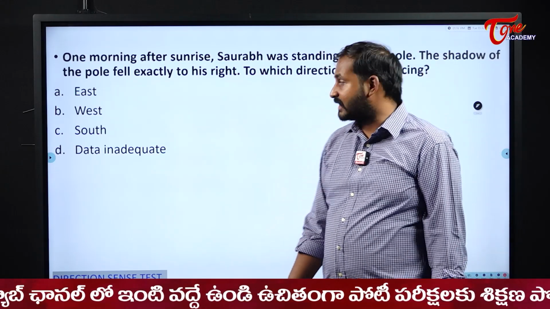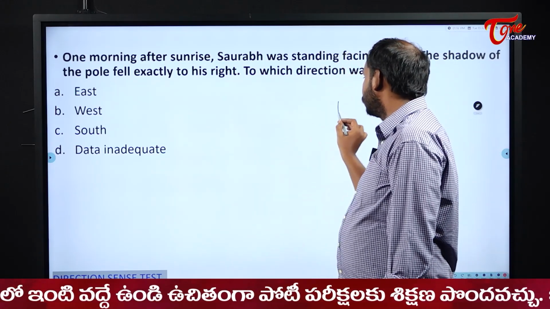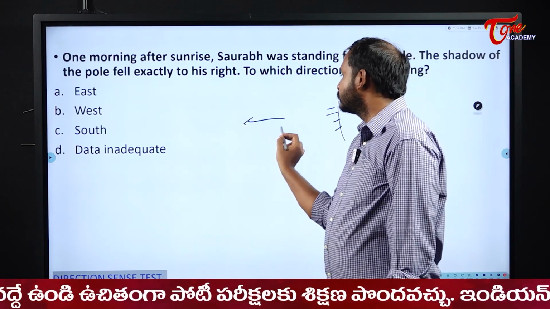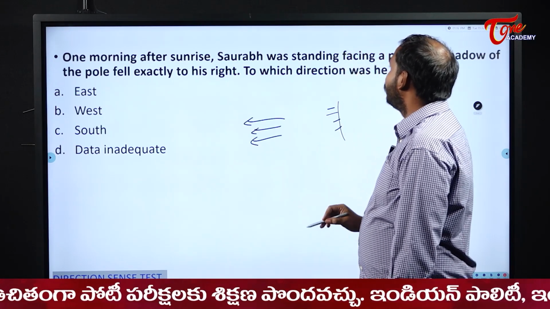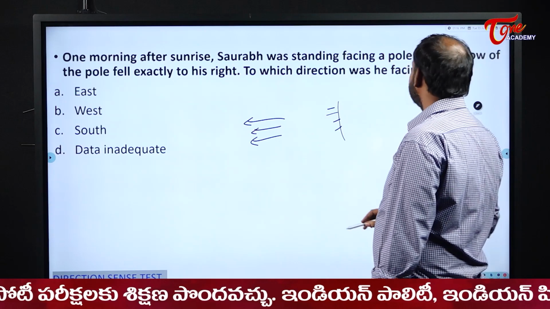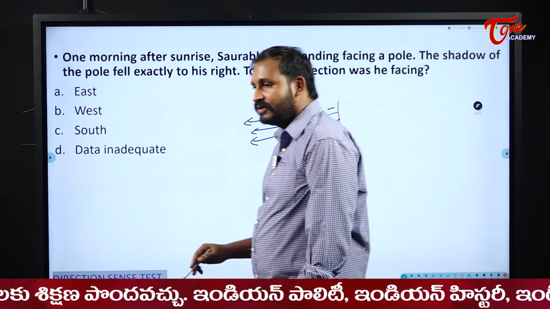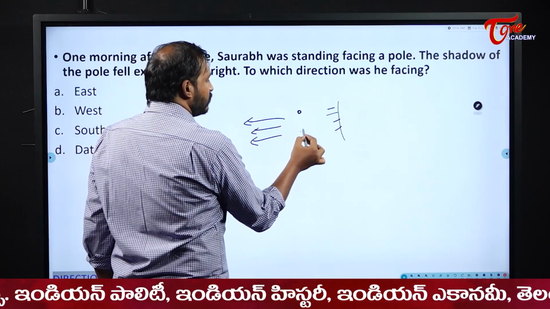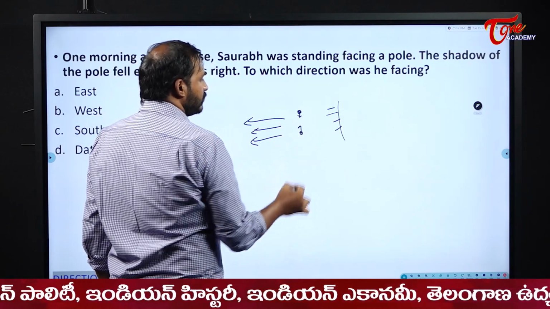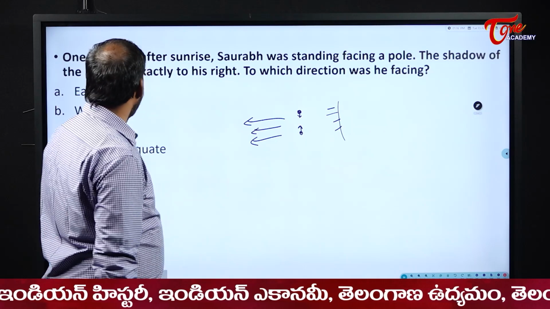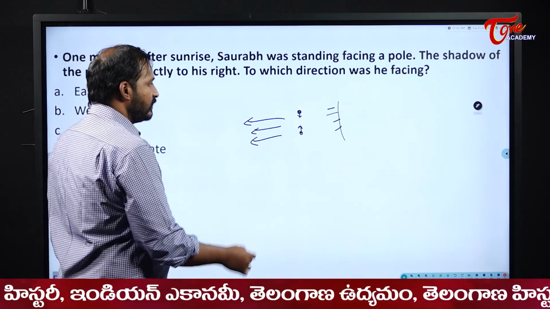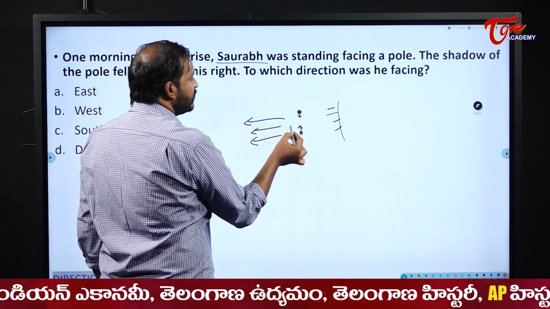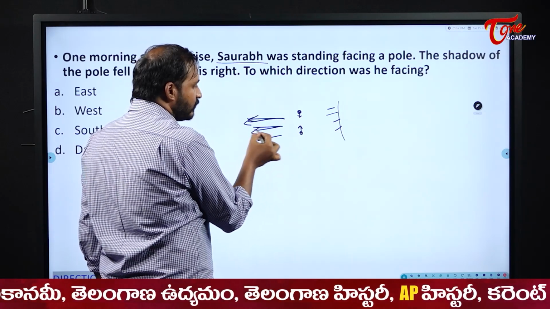One morning after sunshine, okay, morning, so shadows will fall here. Saurabh was standing facing a pole. The shadow of the pole fell exactly to his right. Right or left means already I told you, north or south. Okay. Now, the shadow of the pole fell exactly to his right. Now, tell me where Saurabh should be there so that this direction becomes right of Saurabh.